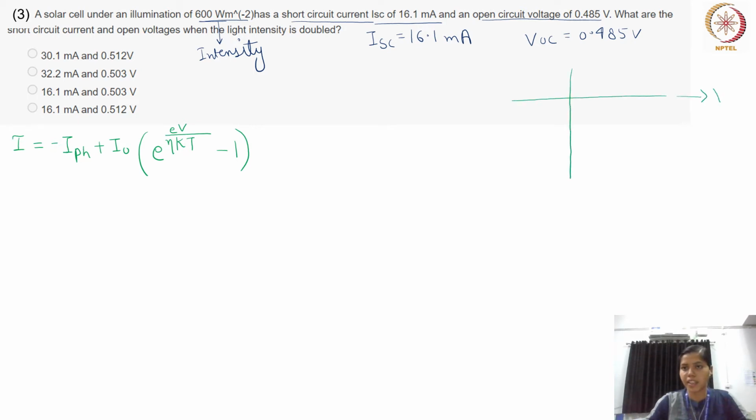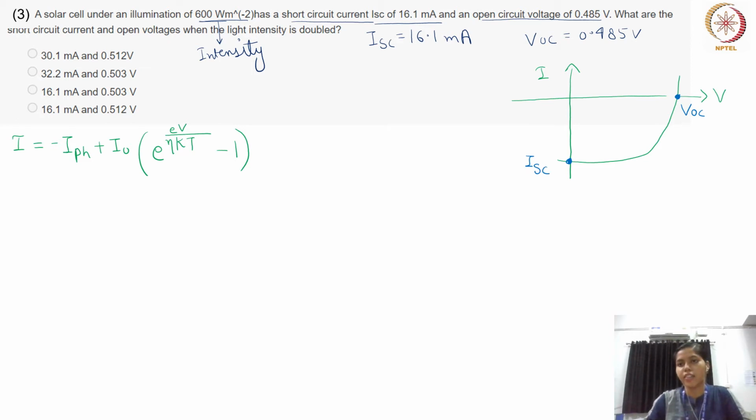This is my x-axis representing the voltage and the y-axis representing the current value. So my IV curve is something like this for a solar cell, correct? Now the voltage at this point is your VOC and the current at this point is your ISC, that is your short circuit current, and this is your open circuit voltage.